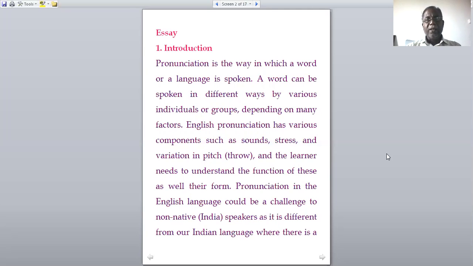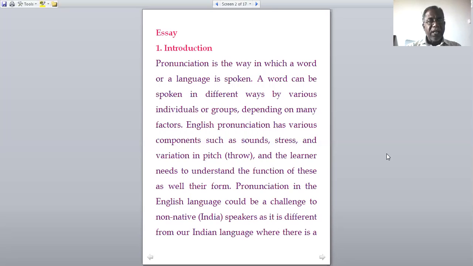We say lorry, they say lorry. We say opponent, they say opponent. So the pronunciation may vary from state to state, country to country, whereas we need to speak like people of England, native speakers. A word can be spoken in different ways by various individuals or groups depending on many factors.